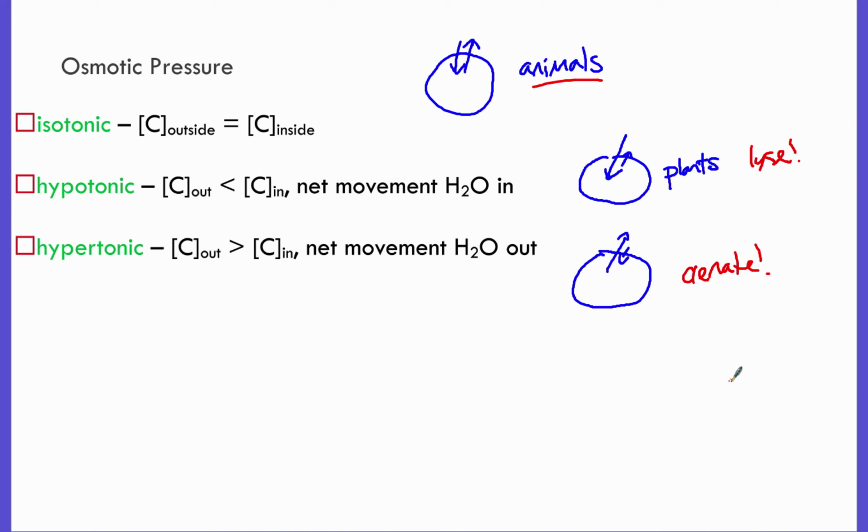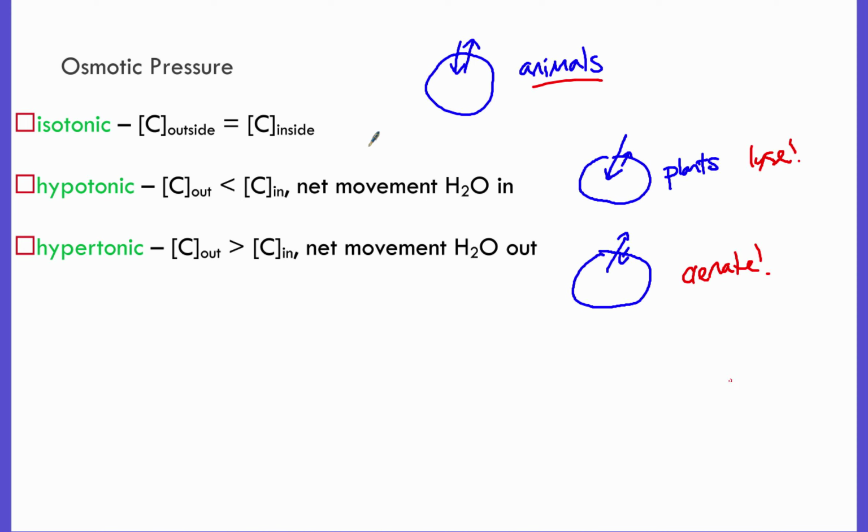Otherwise, plants don't like to shrivel up either, so they're not going to like hypertonic. But plants don't like isotonic because it doesn't create the pressure to help them stand up straight, right? It doesn't necessarily hurt them, but it does hurt them if they need to stand up tall so that they can get to the light that they need to survive.